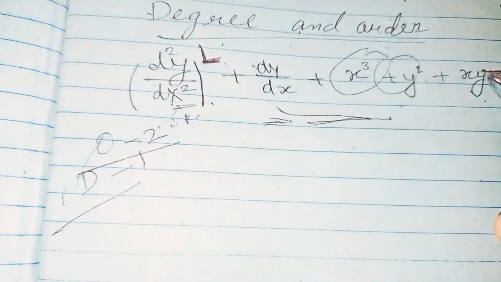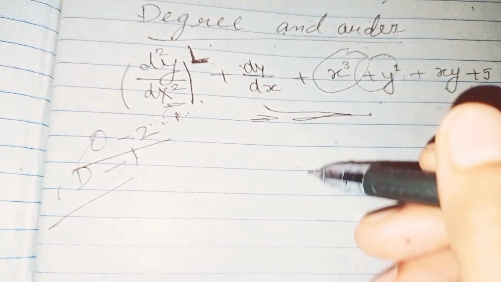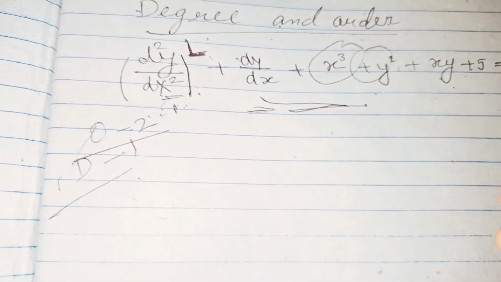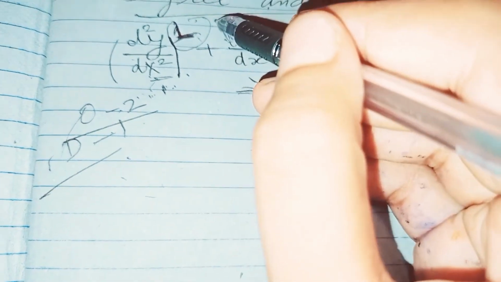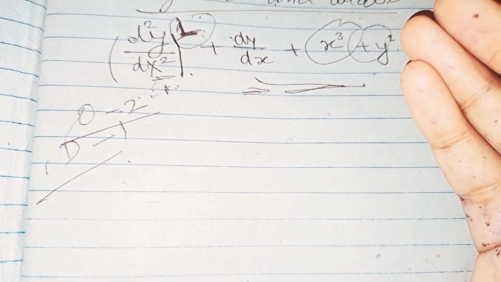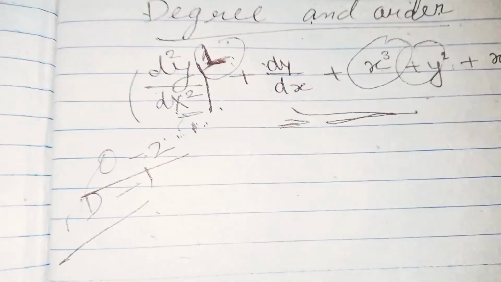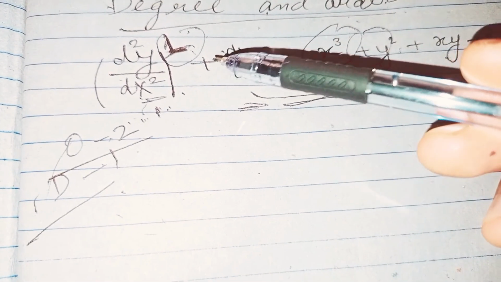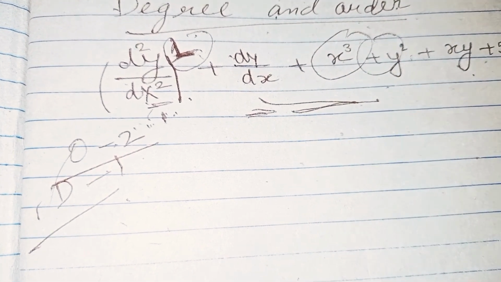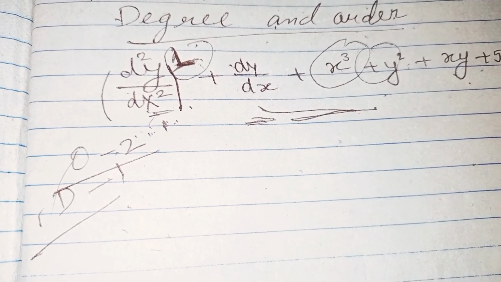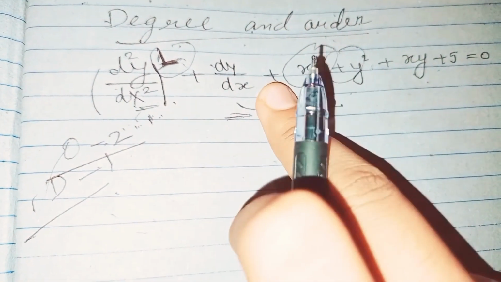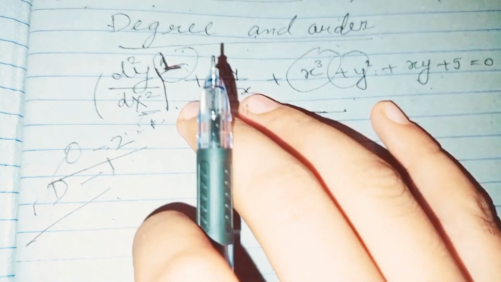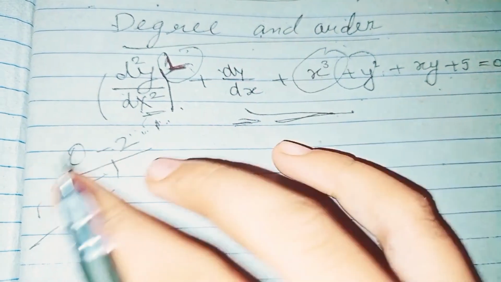Now order can be defined for every differential equation, but degree is defined only when the equation is in polynomial differential equation form. If the power is anything other than a natural number, or the derivative is not in a free form, then we can try some manipulation to change it. If we get it in free form, then its degree will exist, otherwise its degree will not exist.